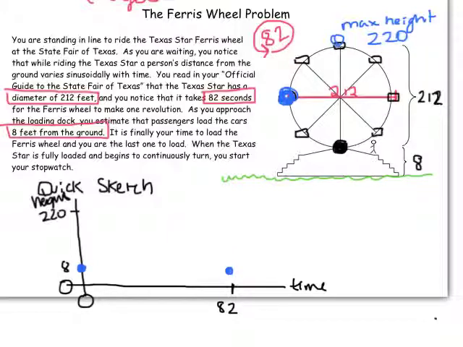And if you think about what happens, as time goes on, you go up, you hit a halfway point, you hit a high point, you start to go down, hit that halfway point, and then you go back to that beginning height. So that's why this is what we're going to call a sine or a cosine graph, actually, but a sinusoidal wave. I don't necessarily mean it's sine, but it's a sinusoidal wave. So that's just a quick sketch. On the next page, we're going to answer some questions and get a better graph.